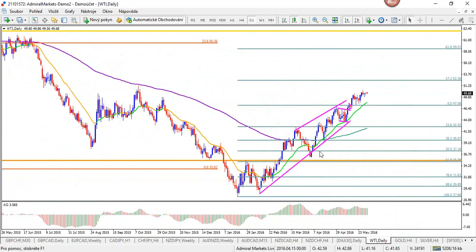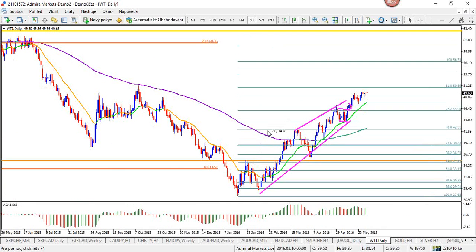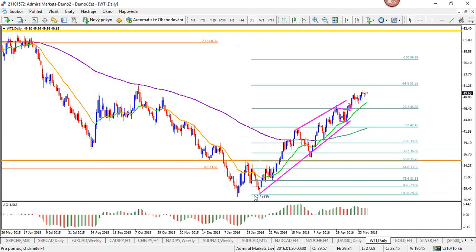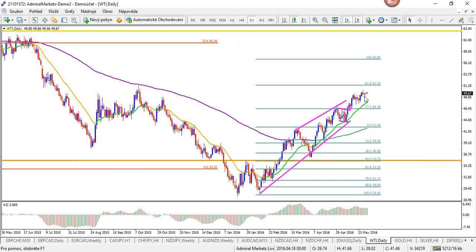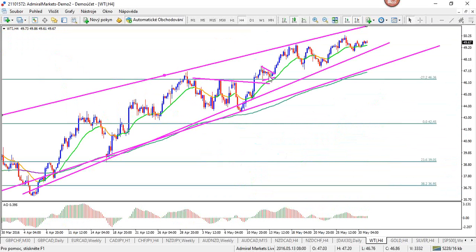Pretty good rally though, as expected. Getting close to the target, and I think that could be a turning spot here. It looks like a rising wedge at this point. Let me show you like this. Rising wedge.